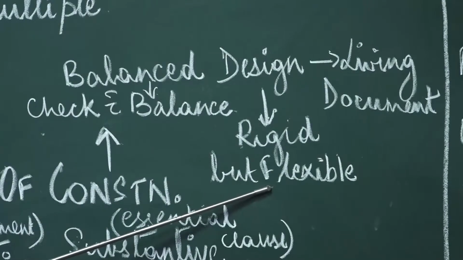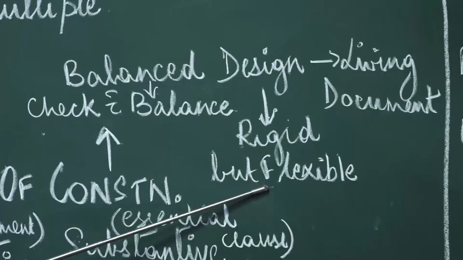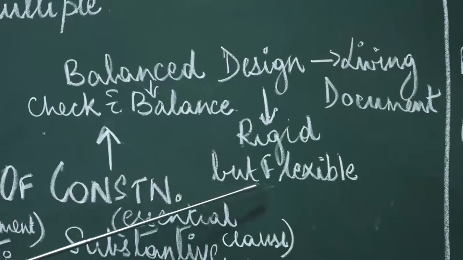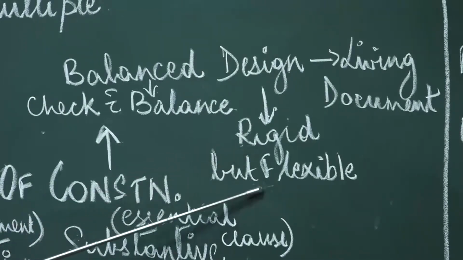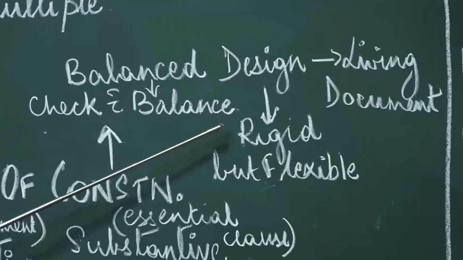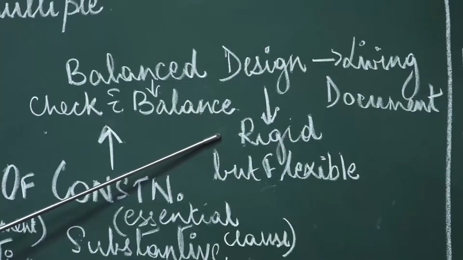Or we could have kept it flexible and kept changing it at every step. Neither of these types of constitutions would have been successful. So it was important to maintain a balance between rigidity and flexibility. There were many provisions in the constitution which were kept rigid, that is, which cannot be changed, like the fundamental rights of the constitution.